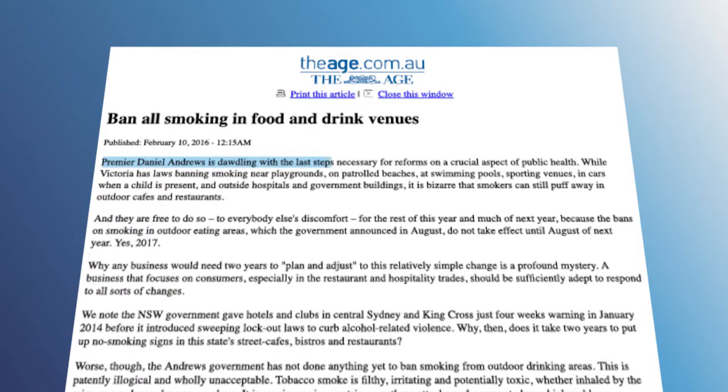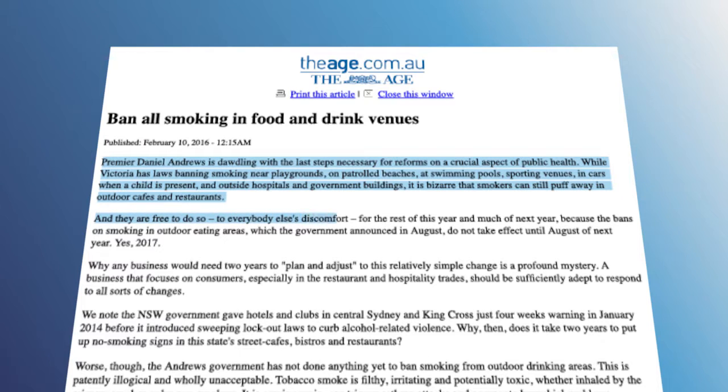Go for it. Premier Daniel Andrews is dawdling with the last steps necessary for reforms on a crucial aspect of public health. While Victoria has laws banning smoking near playgrounds, on patrolled beaches, at swimming pools, sporting venues, in cars, when a child is present and outside hospitals and government buildings, it is bizarre that smokers can still puff away in outdoor cafes and restaurants.